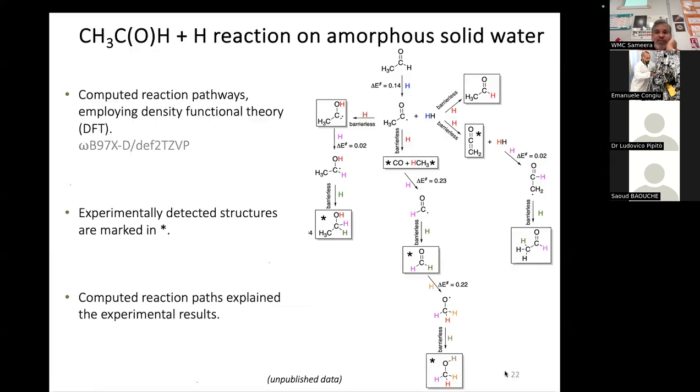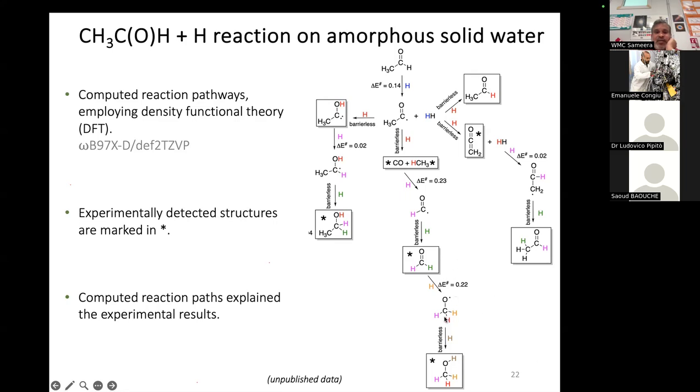So this reaction is basically the reaction between acetaldehyde and hydrogen, and this reaction can give many different products.